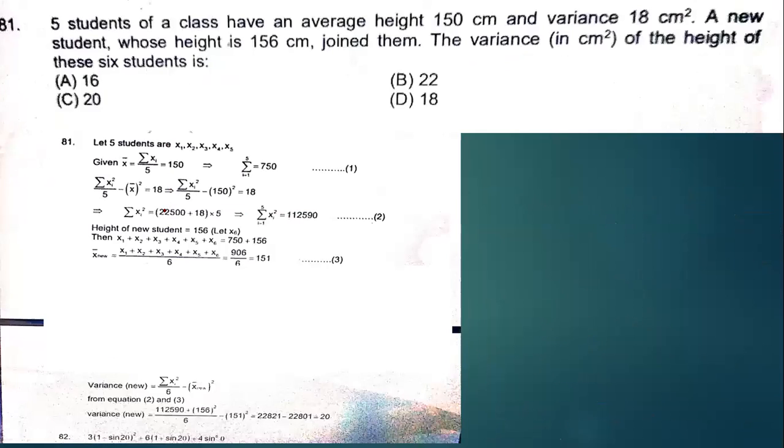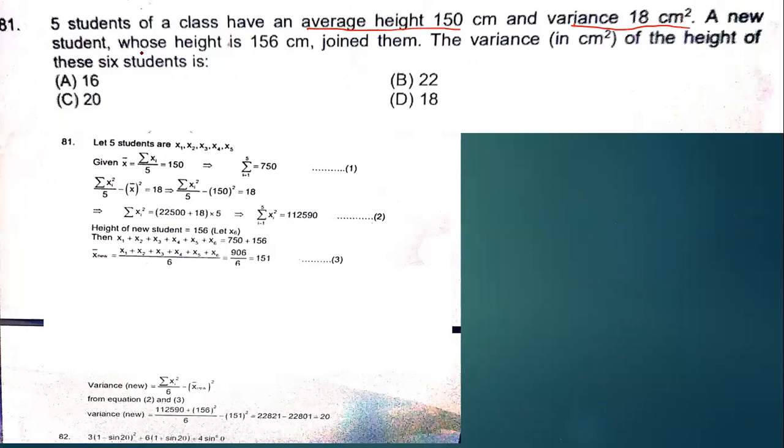Next question. See carefully. 5 students of a class have an average height of 150 centimeters, and the variance is 18 centimeters square.